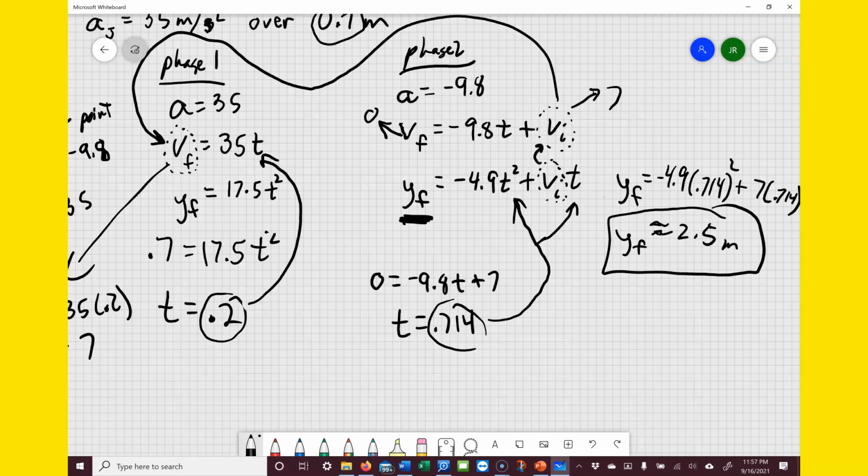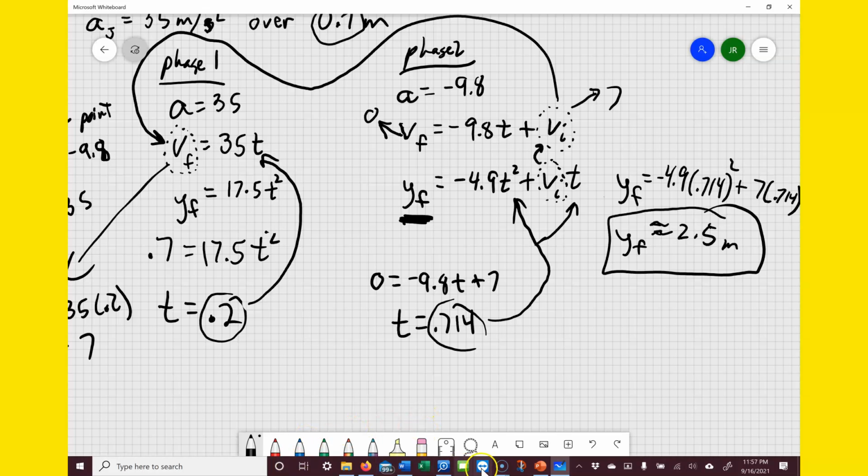So that springbok jumps 2.5 meters in the air. That's pretty high, like 8 feet. Wow. That's a pretty good vertical jump right there.